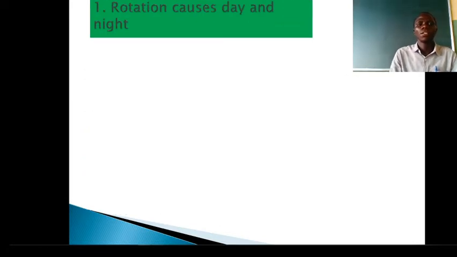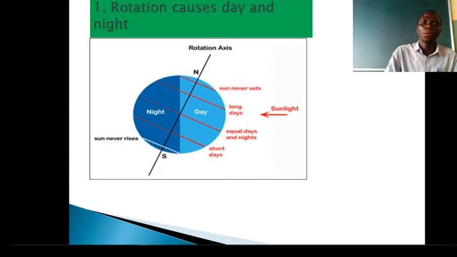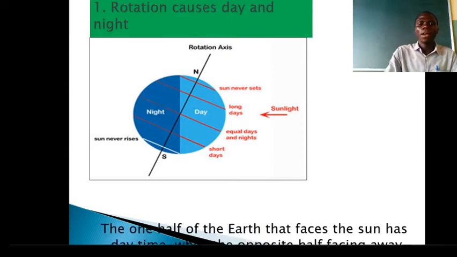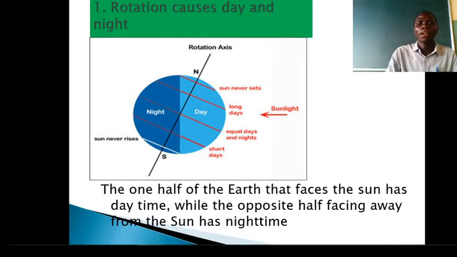Dear students, let's start with rotation and how it causes day and night on the Earth. Observe this image clearly and you will understand well how Earth's rotation manages day and night here on the Earth's surface.